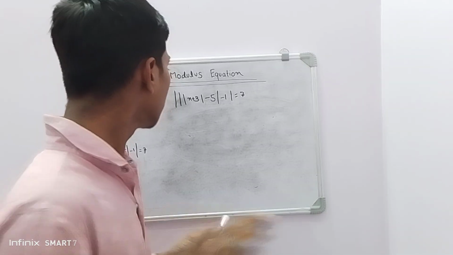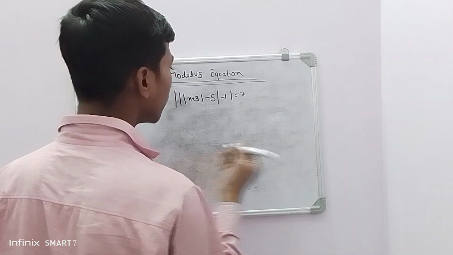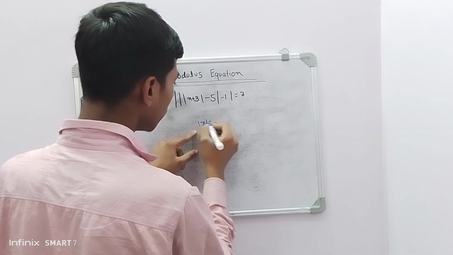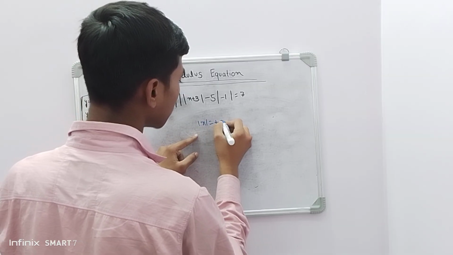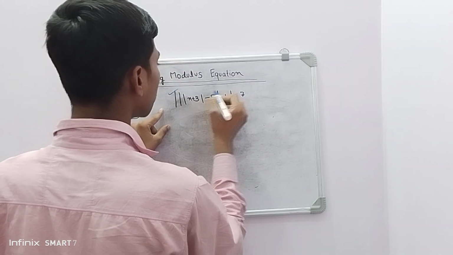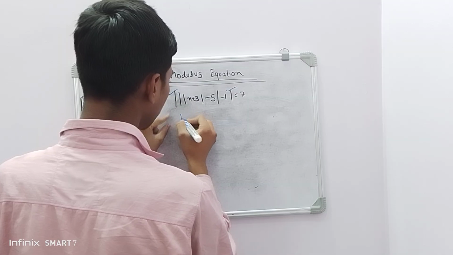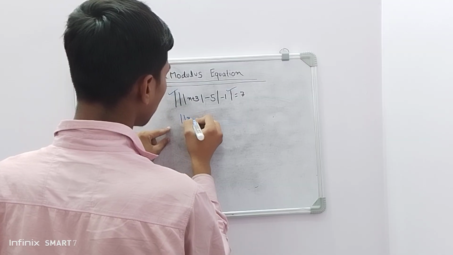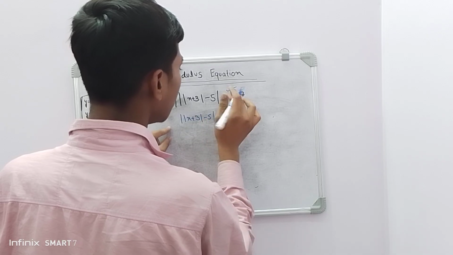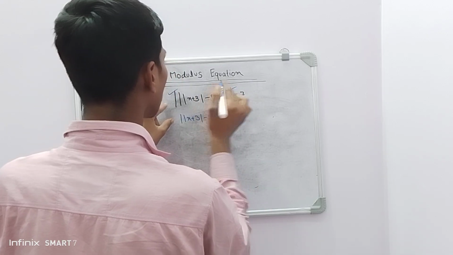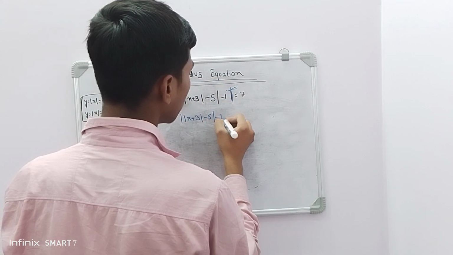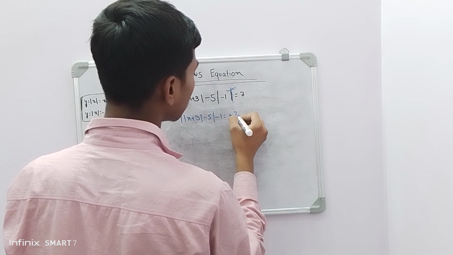That is this. So for this, as you know, when you remove the mod, you write plus minus x. Using this concept, if you remove this mod, we get this mod is equal to |x + 3| - 5 mod, and if we remove the outer mod, then you get minus 1 is equal to plus minus 7.